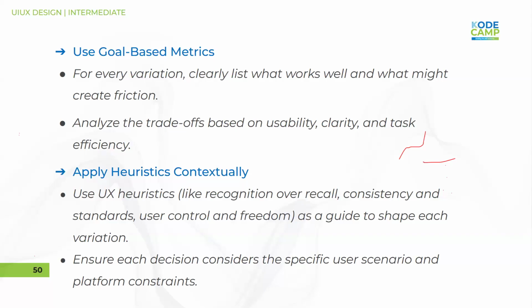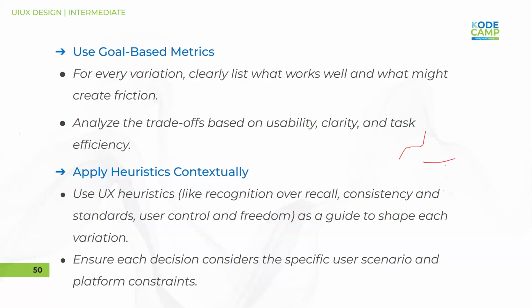Now use UX heuristics like recognition over recall, consistency and standards, user control and freedom as a guide to shape each variation, and also ensure each decision considers the specific user scenario and platform constraints.